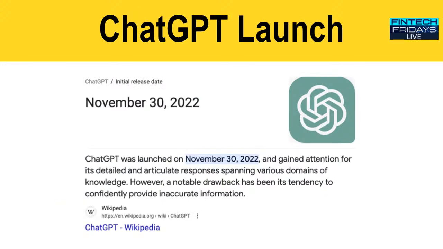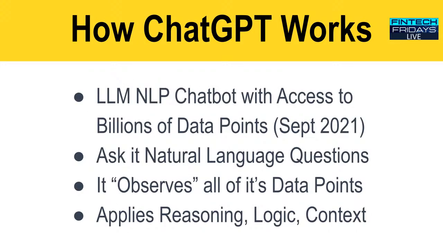Yes, I've been doing this for about 6 months. It feels like it's been a lifetime, but ChatGPT literally hit the world on November 30th, 2022. So it's only been in the world for like 7 months, and now you can't go anywhere without hearing about ChatGPT. How ChatGPT works is a little bit geeky, but it's called a large language model that uses a natural language processing algorithm. So this chatbot has access to billions of data points only up to September 2021.